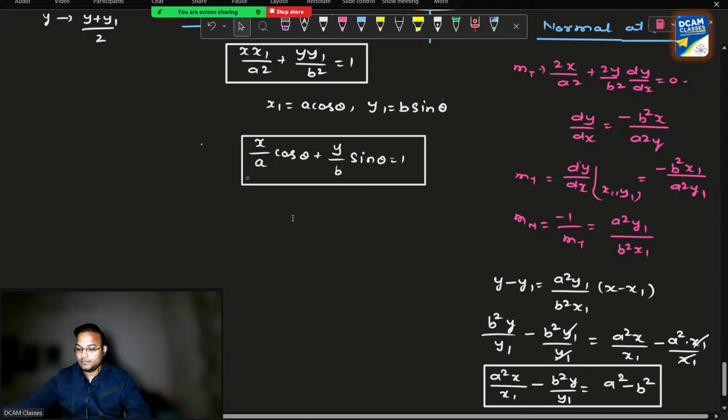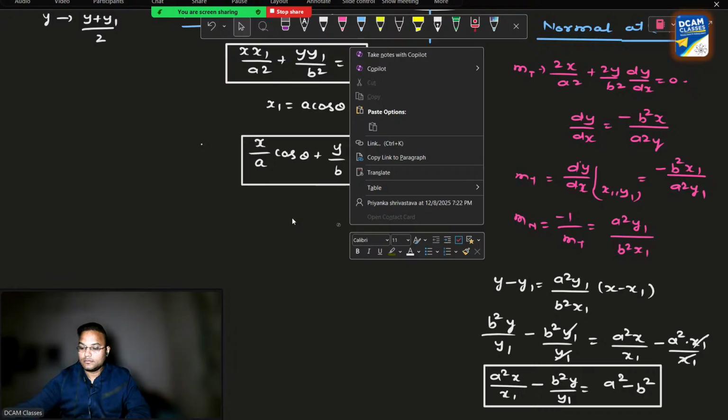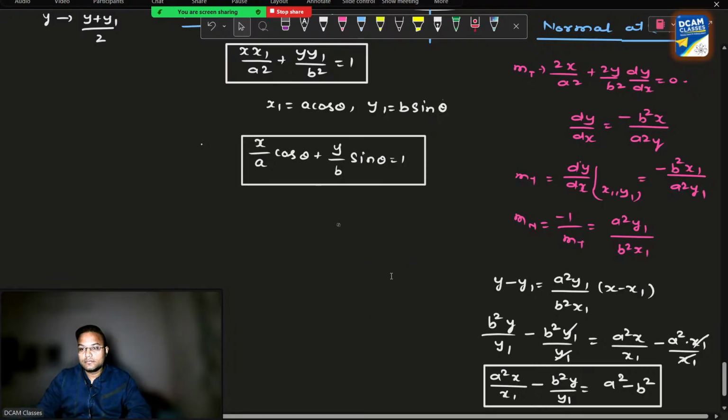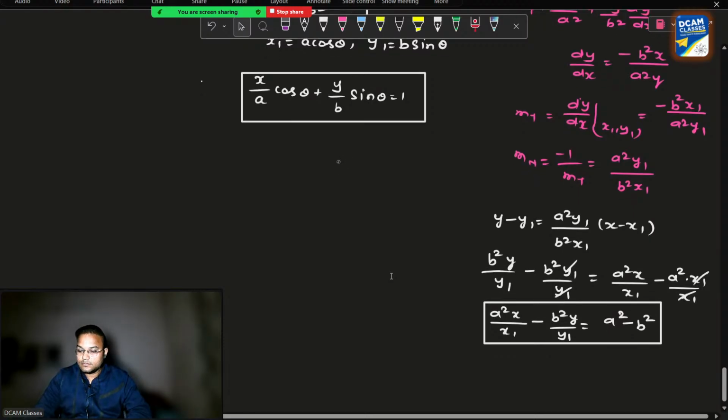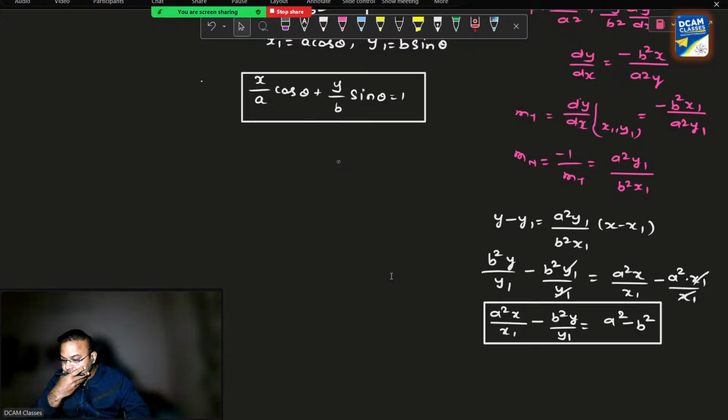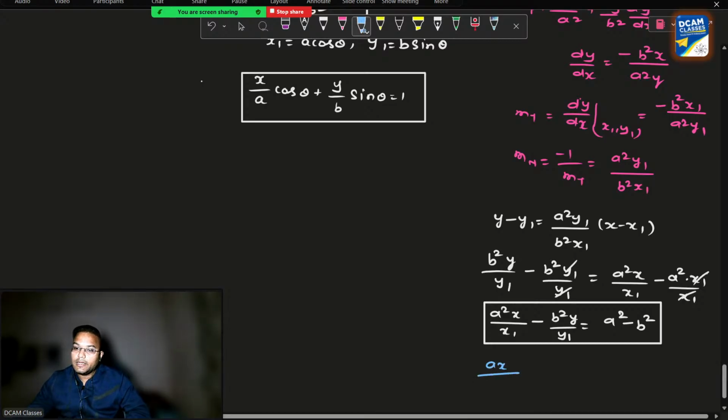Okay. Clear? Now, if you want to find it at any parametric point, it will be a square x by a cos theta minus b square y by b sin theta is equal to a square minus b square.